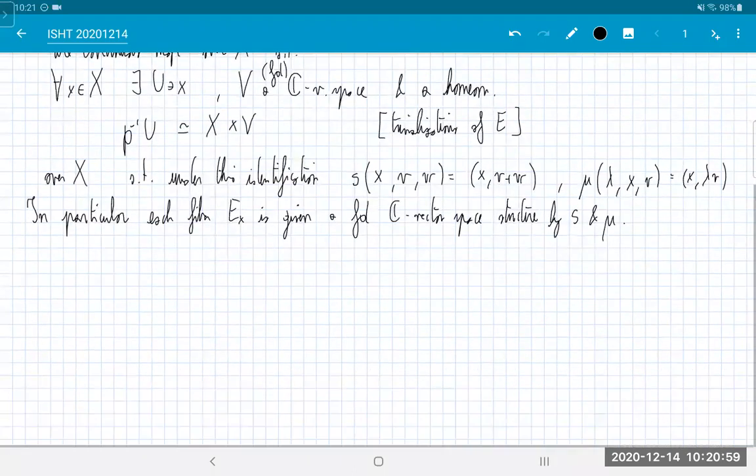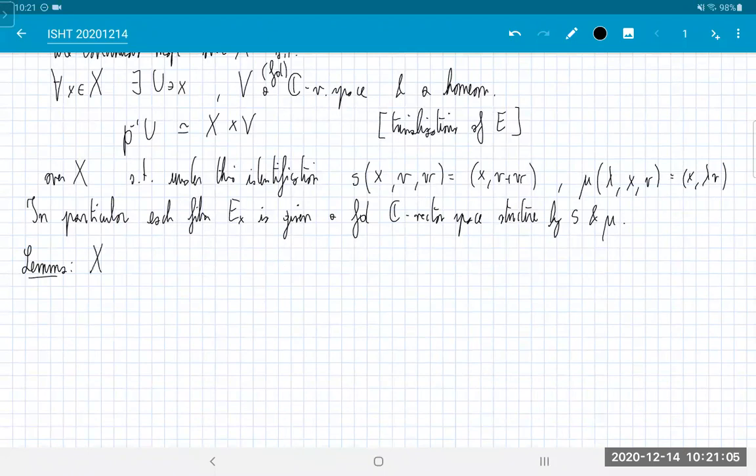So I'm going to need this lemma about general topology, which I wrote a proof of. It's in the notes, but I'm not going to prove it now. So if X is a paracompact Hausdorff topological space, and if you don't know what paracompact means, just take this lemma as one of the two properties of paracompact Hausdorff topological spaces that we're going to use.